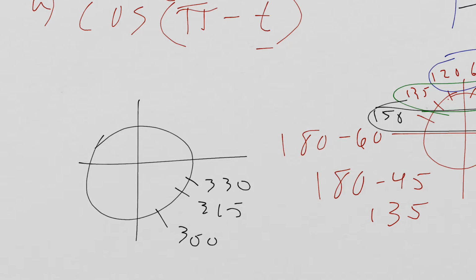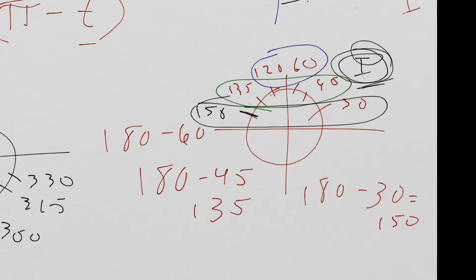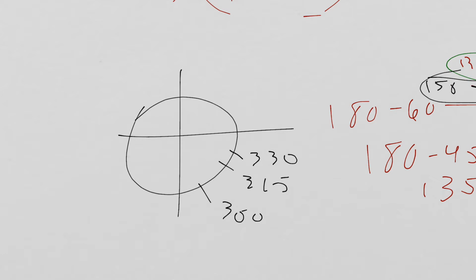Well, if positive 150 is right here, negative 150 would be right here. Alright, 315 minus 180 is 135. Hold on, 180 minus 315.